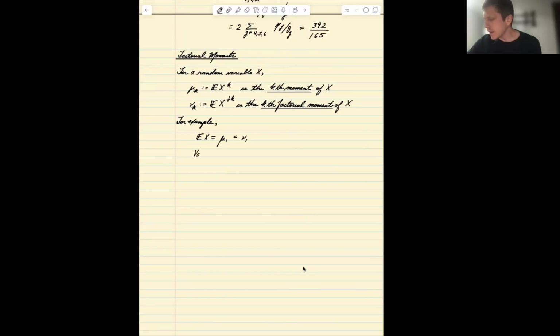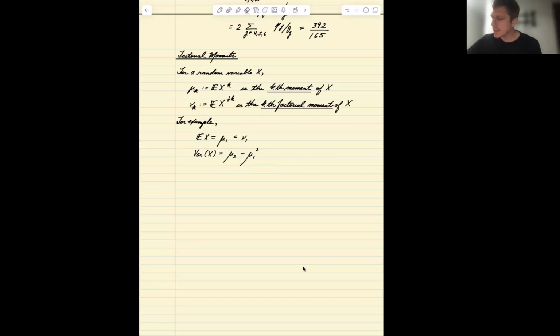But the variance of x we can express as, we know, the second moment minus the first moment squared, right? Remember, we're just writing different notation. The second moment is the expectation of x squared minus the first moment, expectation of x, quantity squared. That's the computing formula for variance.